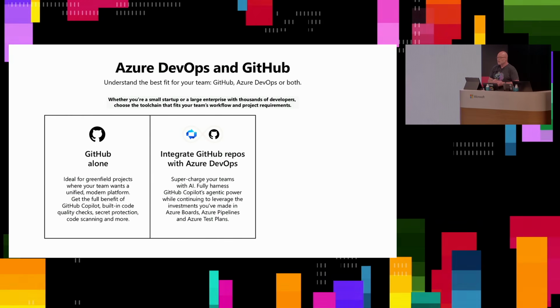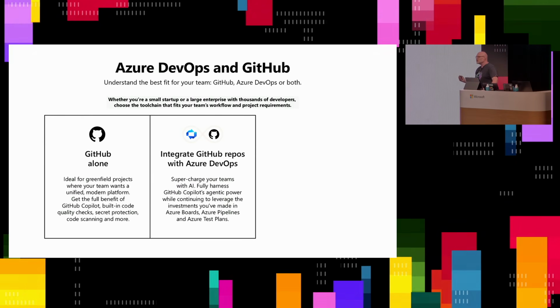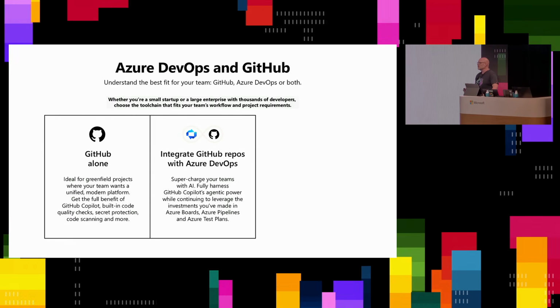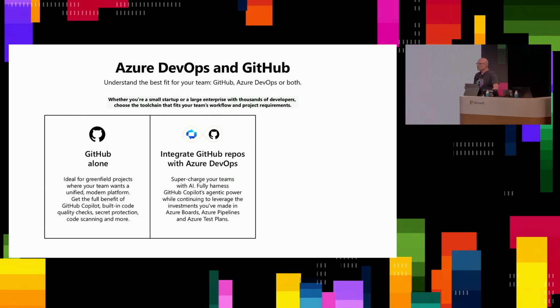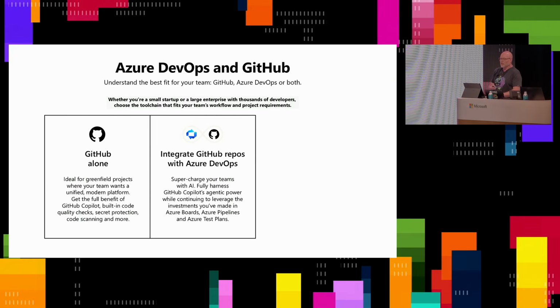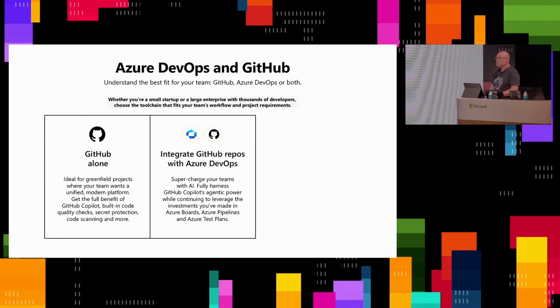But if you're one of those teams who has heavily customized Azure Boards, lots of Azure Pipelines templates, and you're rolling things up across team projects to a portfolio level, then we want to talk about integrating Azure DevOps with GitHub, because that supercharges your teams with AI.